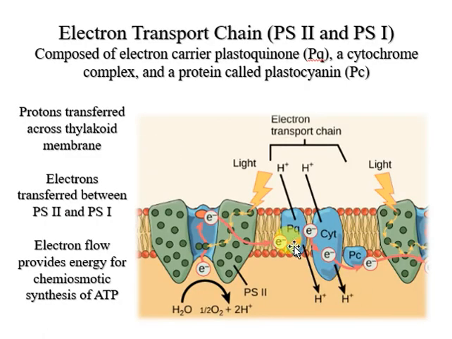You have an electron carrier called plastoquinone or PQ, a cytochrome complex, and a protein called plastocyanin or PC. Now the cytochrome complex is kind of the main star or queen of this transport chain.